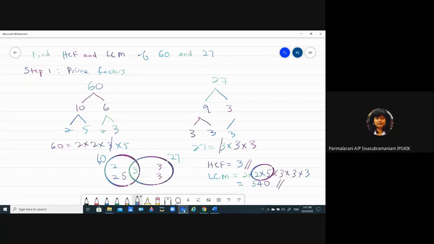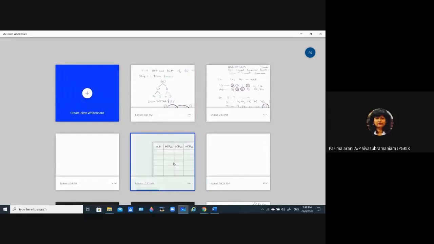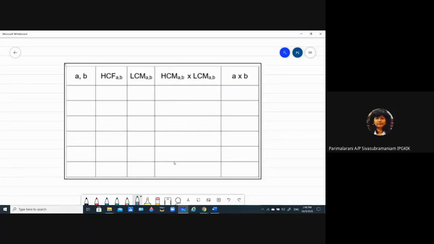You understand how to do this? Yes, madam. Okay. So the two numbers we used were 60 and 27. These are our two numbers, A and B. What was the HCF just now? 3. LCM was 540.